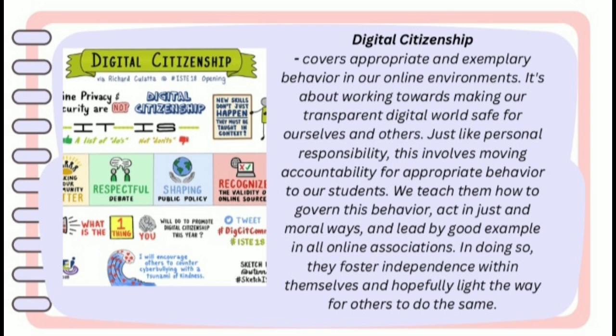So, just like personal responsibility, this involves moving accountability for appropriate behavior to our students. So we teach them how to govern this behavior, act in just and moral ways, and lead by good example in all online associations. So in doing so, they foster independence within themselves and hopefully light the way for others to do the same.